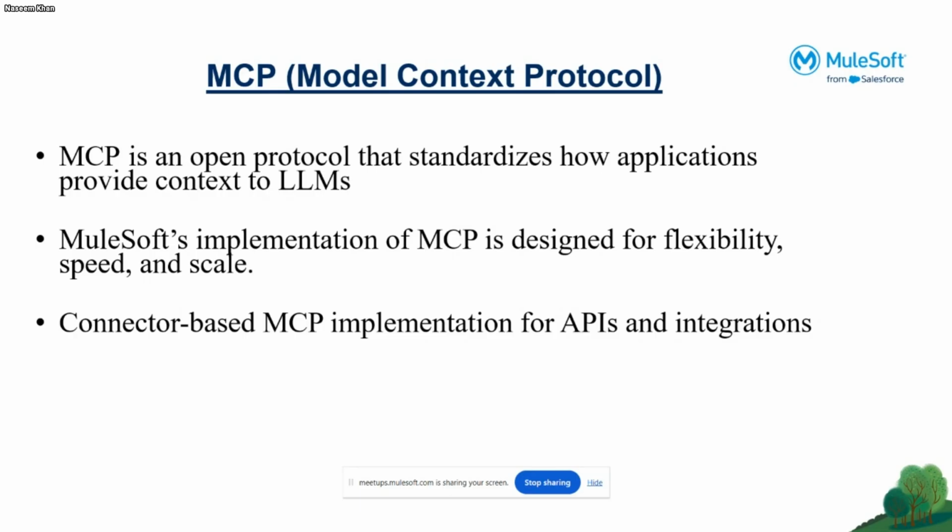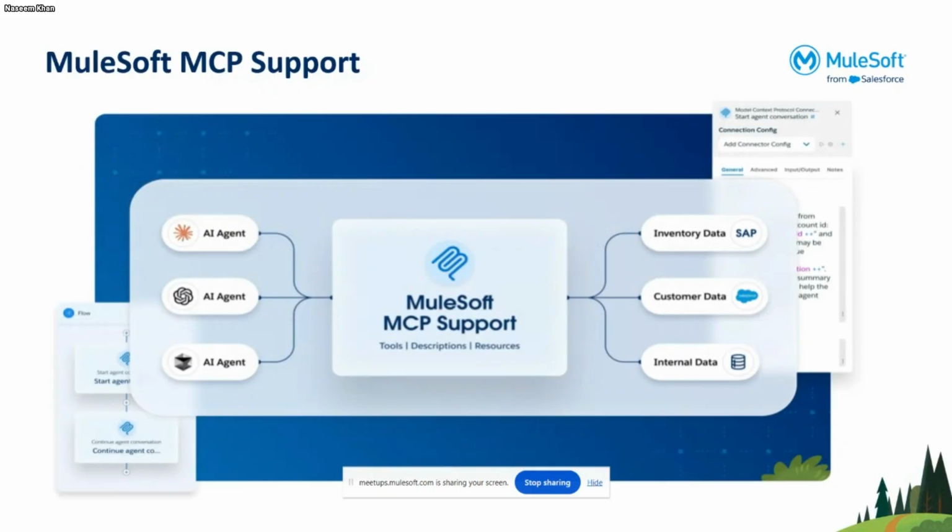With just a few clicks, we can transform our APIs, Mule applications and endpoints into MCP servers. It's a connector-based MCP implementation. We need to add the dependency in the pom.xml, and then all the related MCP connectors will be available for use.